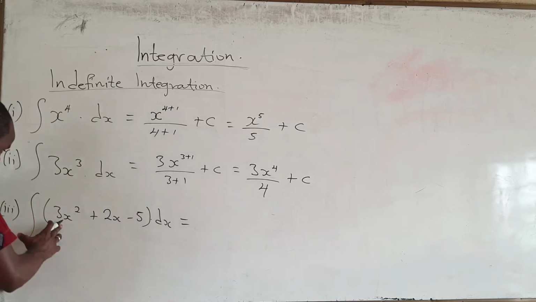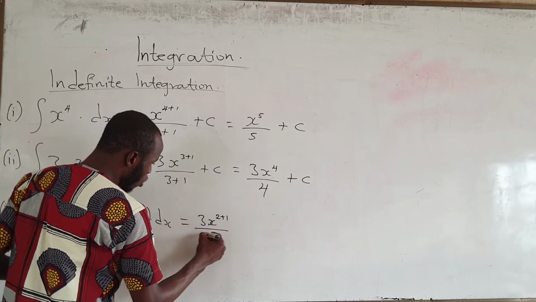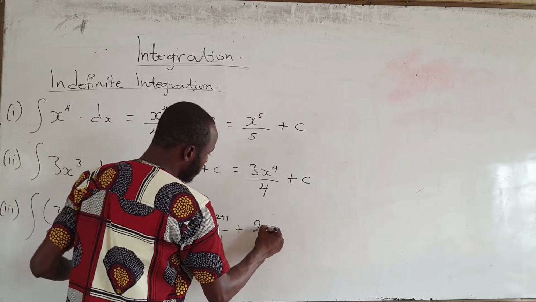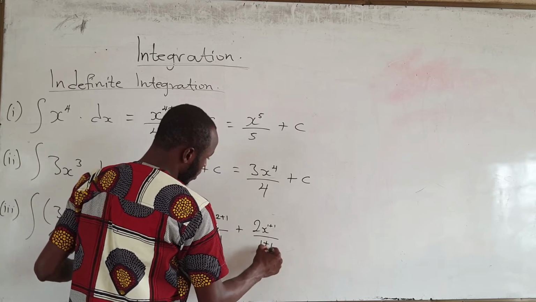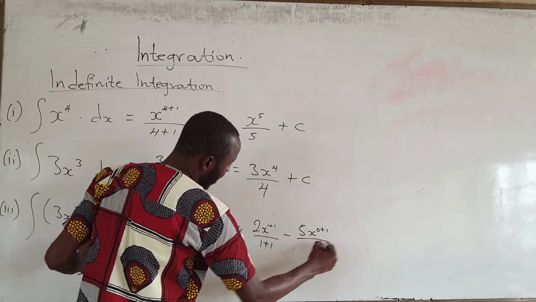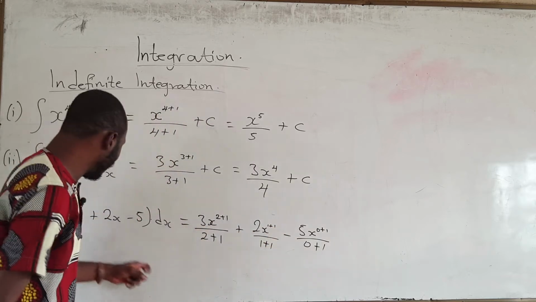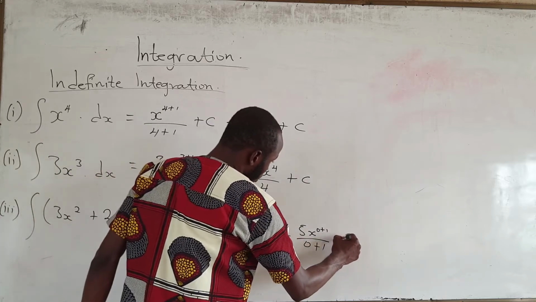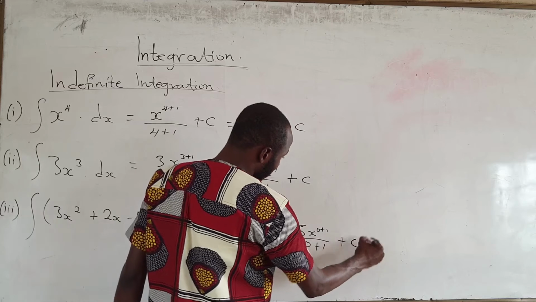Now when we take the first one, we will be having 3x to the power 2 plus 1 all over 2 plus 1, then plus 2x to the power 1 plus 1 over 1 plus 1, minus 5x to the power 0 plus 1. Remember, I told you when we have a constant, we have to add 1. We assume that there is x there, so you obtain the constant times that particular variable that we are integrating with respect to. So your arbitrary constant will come, plus c.